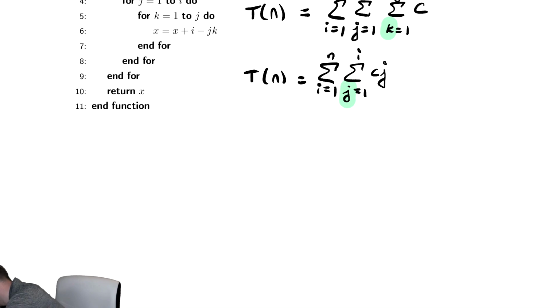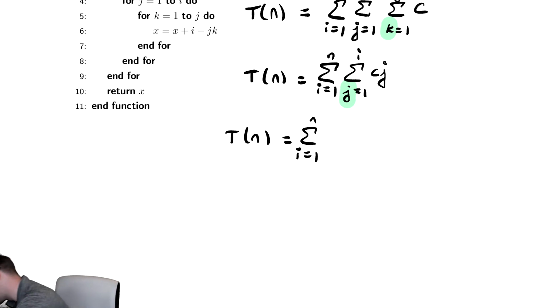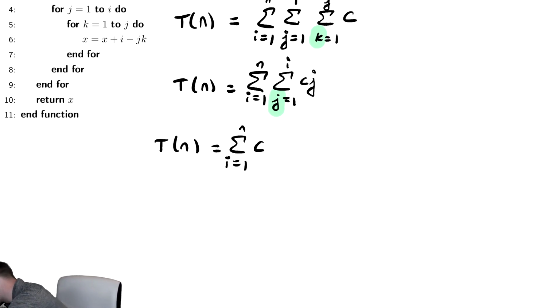So T of n is equal to the sum from i equals 1 to n of, you could factor the c out and then use exactly the arithmetic sum formula. So this is c times the formula for an arithmetic sum. Let's write off to the side so we can see what's happening. The formula is the sum from 1 to n of i is n times n plus 1 divided by 2.